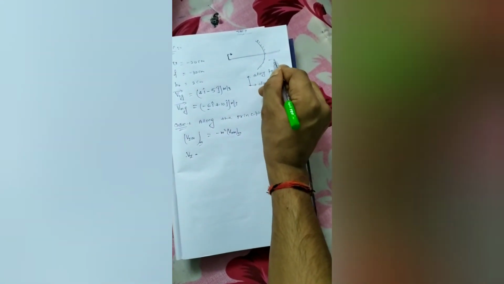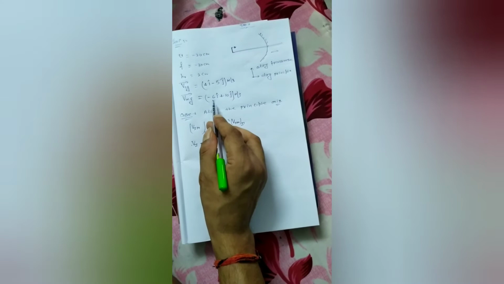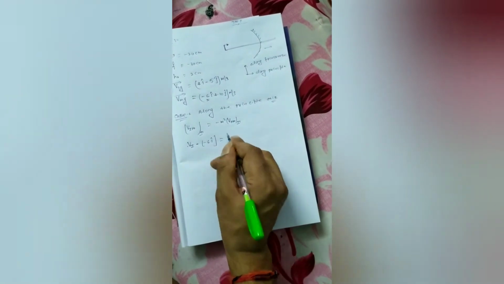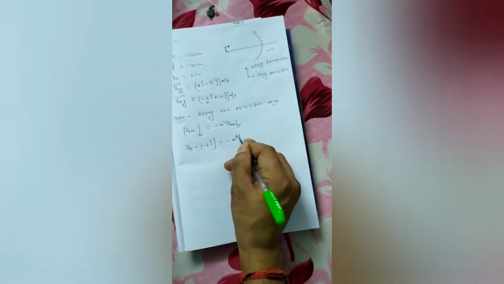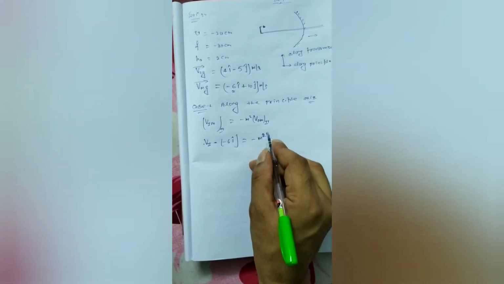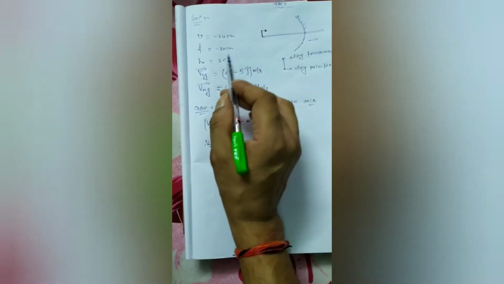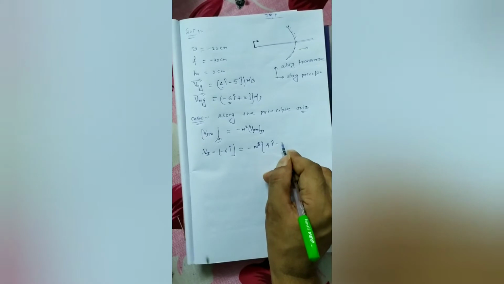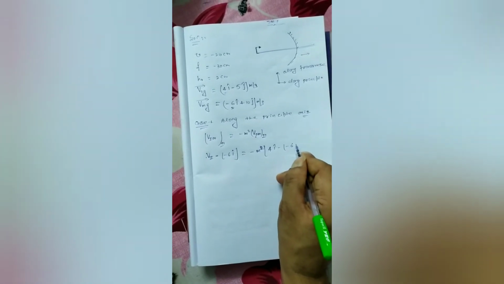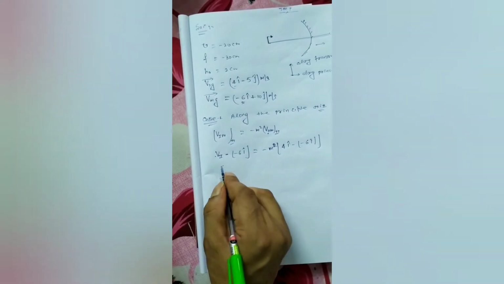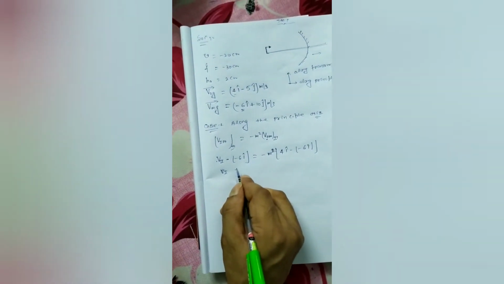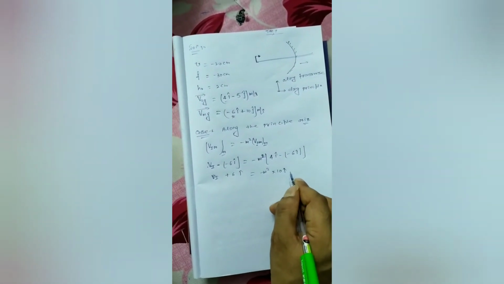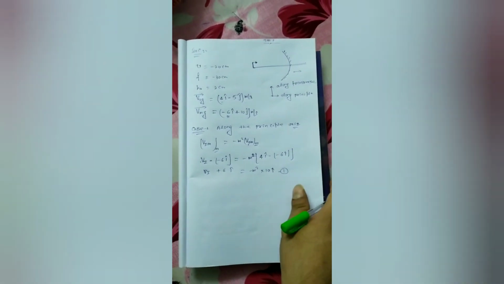So this is basically the velocity of the mirror along the principal axis, minus 6 i cap, is equal to minus m square into the velocity of the object along the principal axis, 4 i cap, minus the velocity of the mirror, minus 6 i cap. So here the velocity of the image will be plus 6 i cap is equal to minus m square into 10 i cap, equation first.